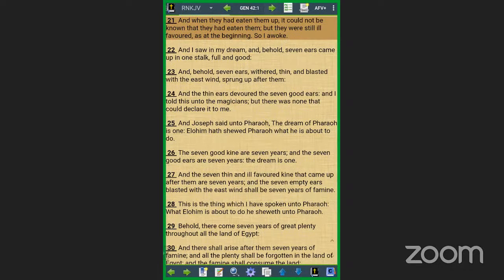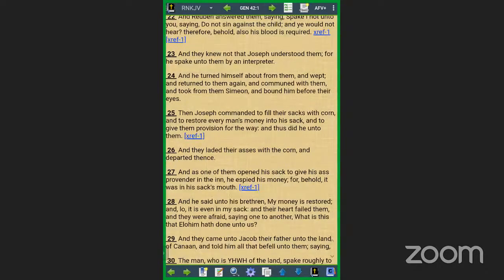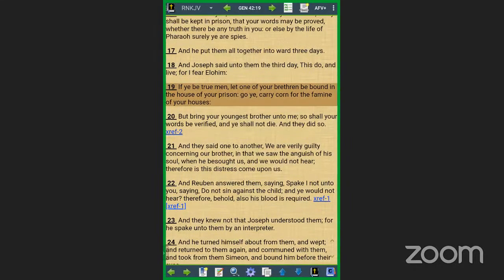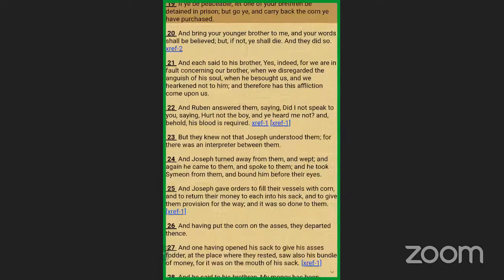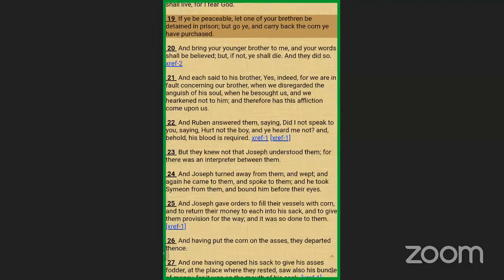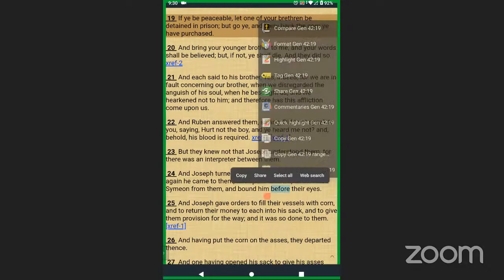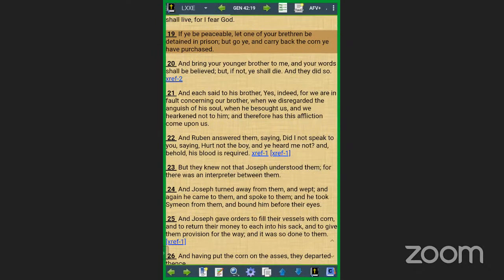So 42 verse 19, and the Septuagint says, and if you be peaceable, let one of your brothers be detained in the prison, but you go and carry back the grain you have purchased.